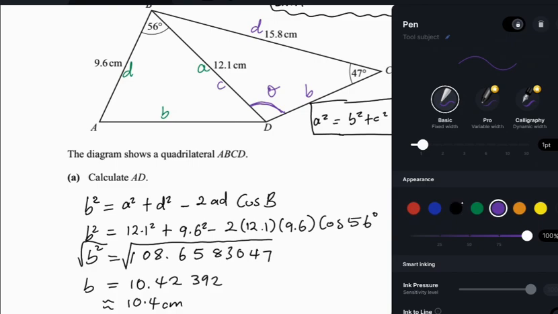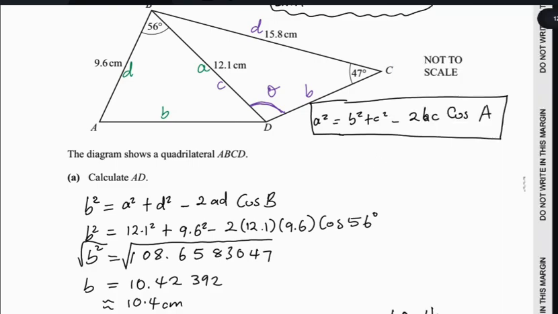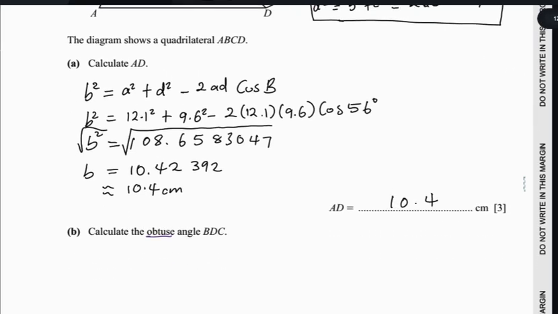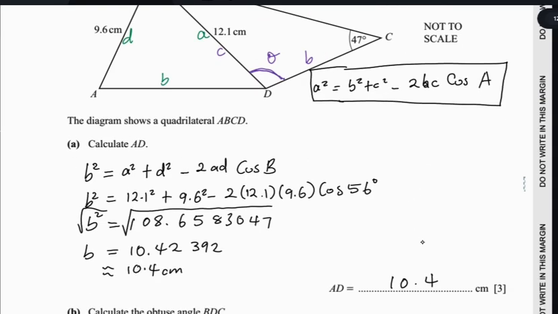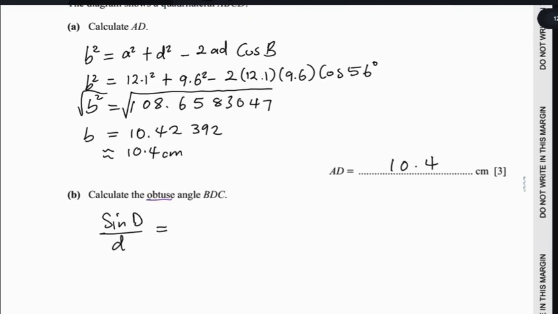So we say sine D, which is the angle BDC, sine D over D equals sine C over C. I'm using the purple marks.